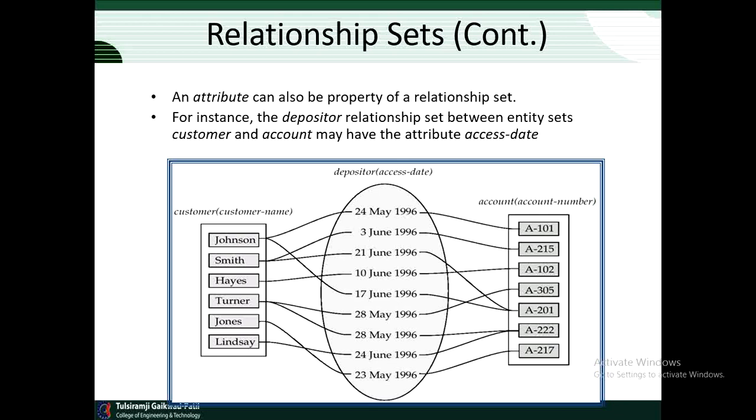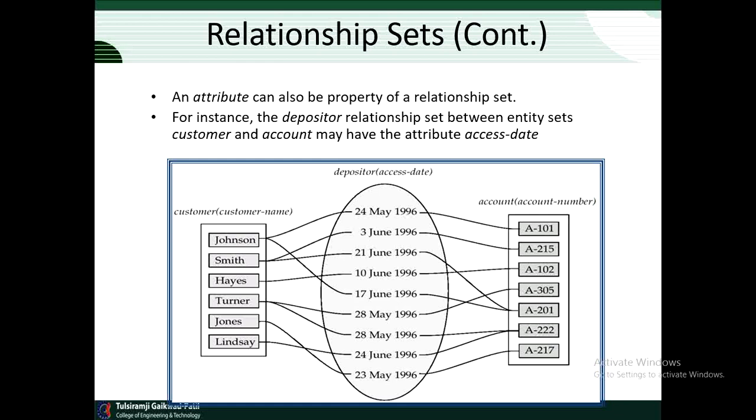It shows the relationship among two entities, that is the customer and account. Customer name is given from the customer table, and account number is given from the account table. Now both the tables can be accessed by using the date of accessing, that is the access date. It is the attribute of the relationship set, the depositor relationship among these two entities.